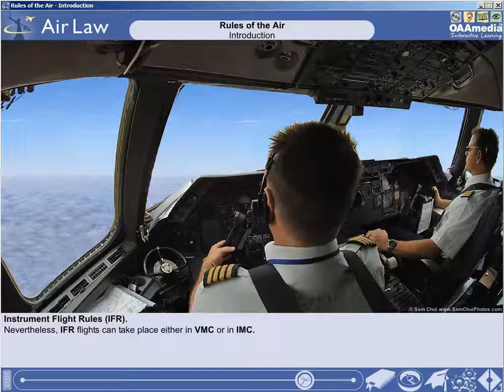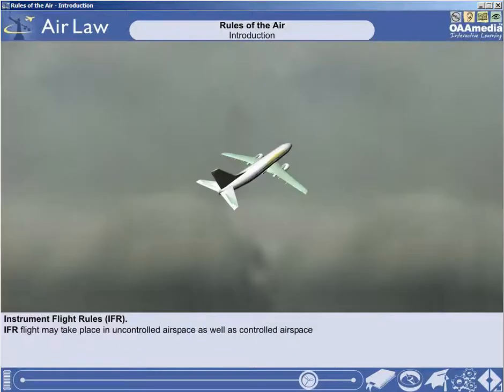That is, irrespective of whether IMC or VMC prevail. One last point for you to note on the instrument flight rules is that IFR flight may apply to flight in both controlled airspace and uncontrolled airspace.